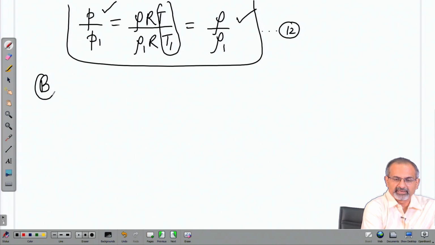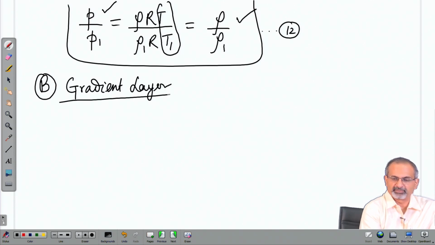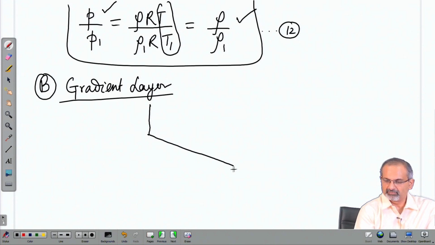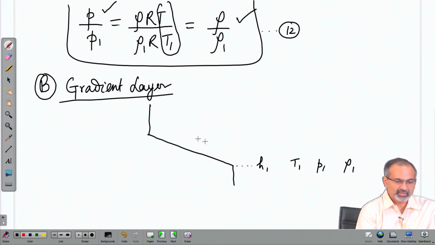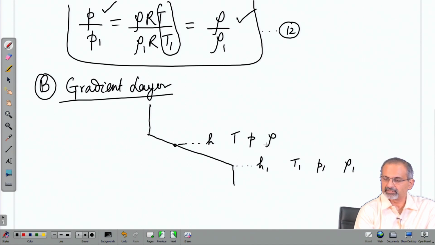Let us go to the gradient layer. If you choose any gradient layer, you are going to see a temperature change, either reduction or increase. We are looking at a reduction case. Again we start with altitude h1, temperature T1, pressure P1, rho 1, and an intermediate point at an altitude h where temperature is T, pressure, density, etc. The temperature change is linear.